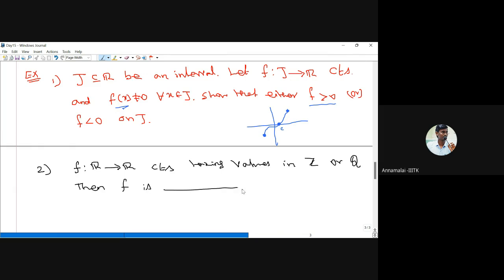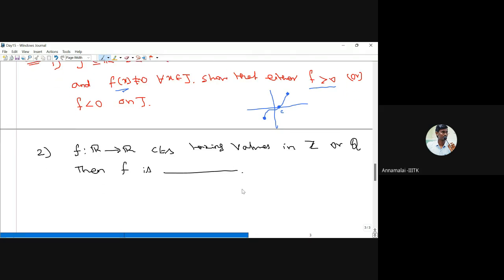Keep in mind, it's a continuous function, but its values are either integers or rationals. Therefore, this f does not take any values in Q complement. Now, what can you say about this function? It should be constant, right?